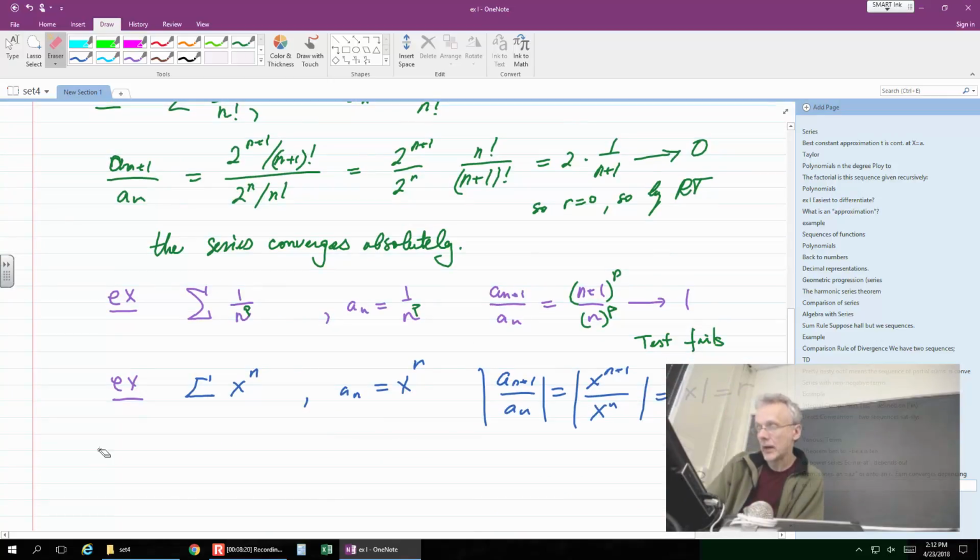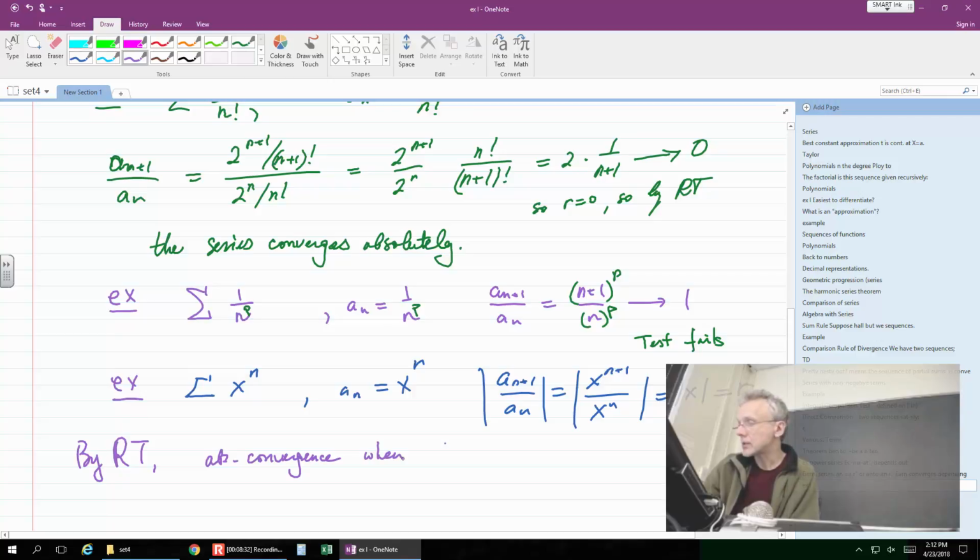But this one will depend on x. By the ratio test, we have absolute convergence when the absolute value of x is less than 1, and we have divergence when x is larger than 1.